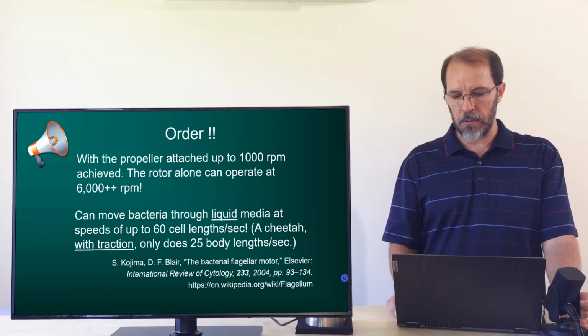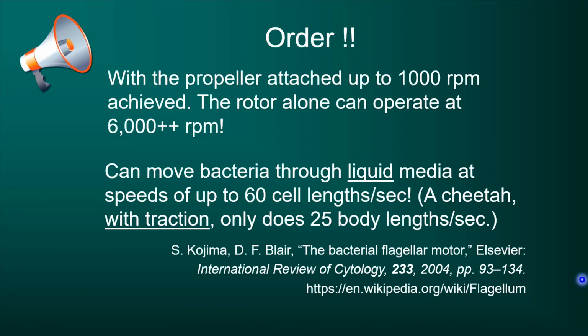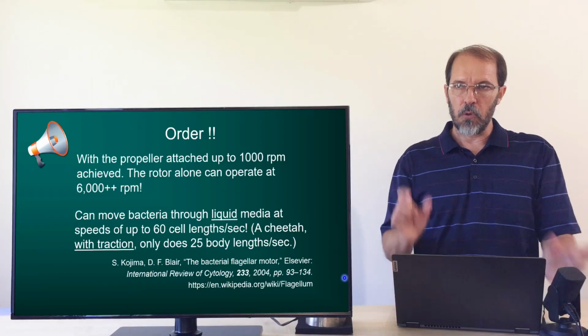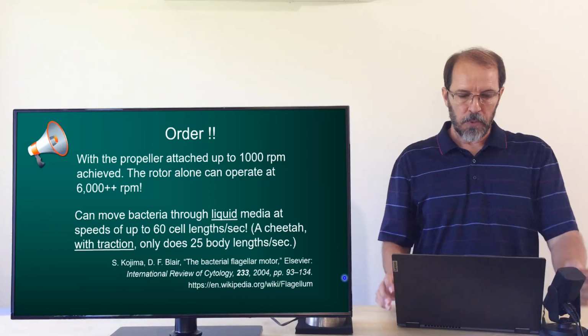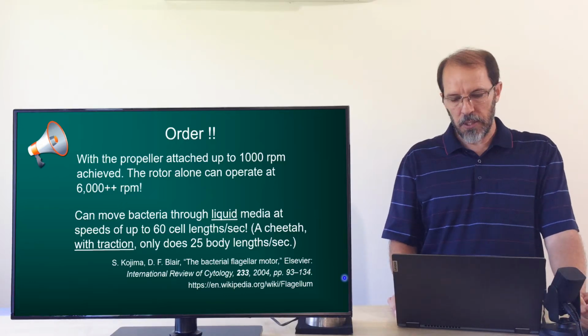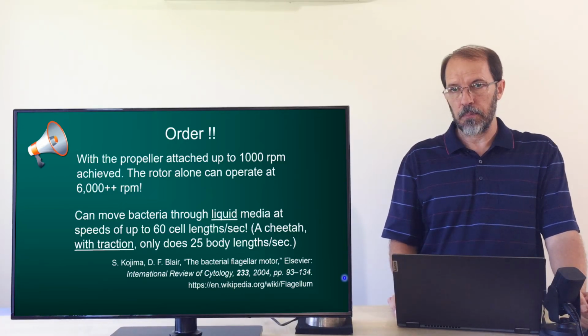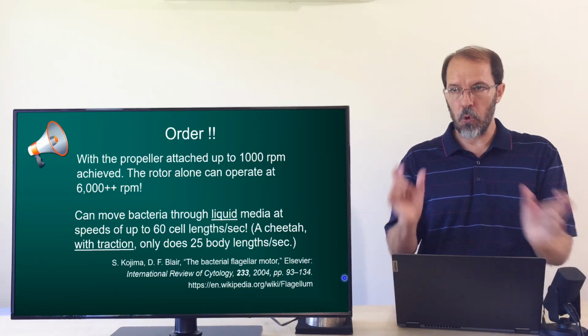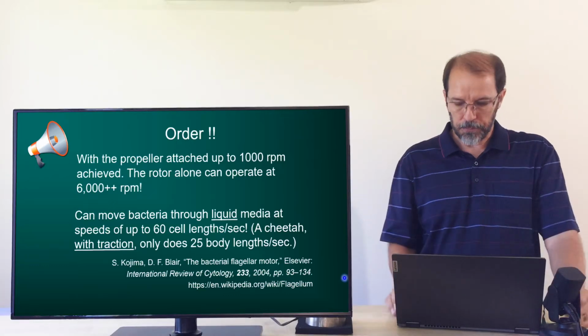And in comparison, a cheetah, the fastest land animal, with traction, it can put its claws into the ground, into the grass, only does 25 body lengths per second. So, normalized to body size, the bacteria can zoom through the water twice as fast as a cheetah on land.